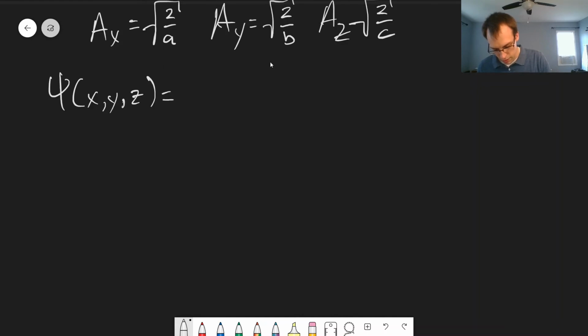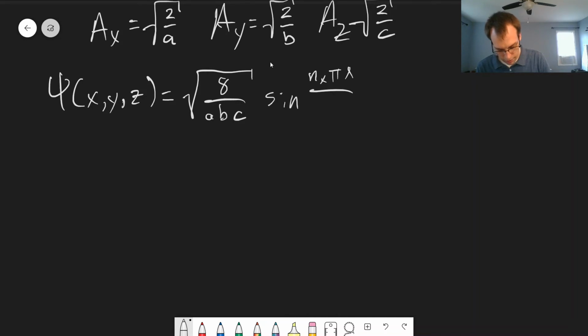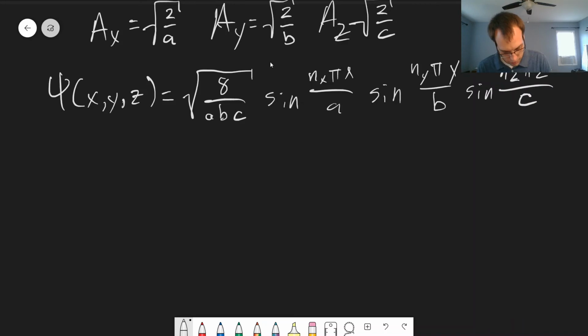We'll get the square root of 8, 2 times 2 times 2, over abc, that's our normalization constant, times sine of nx pi x over a, sine of ny pi y over b, sine of nz pi z over c. And that is our overall wave function for our system.